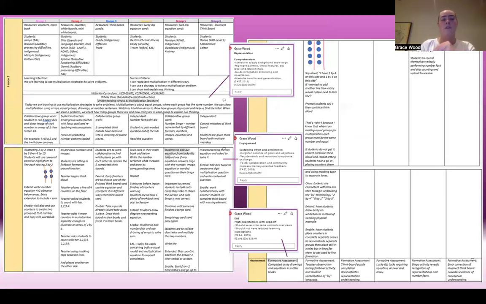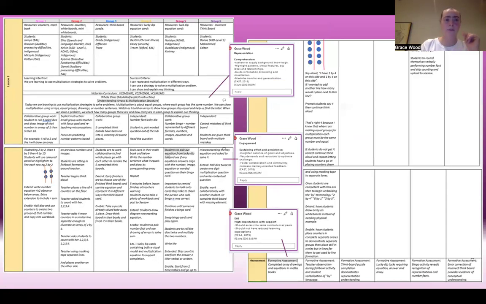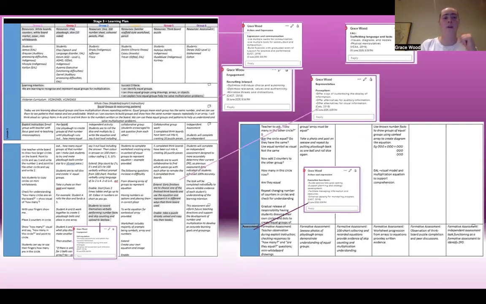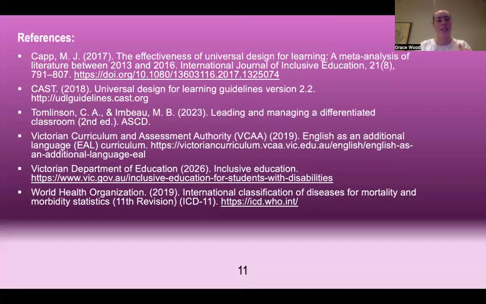So students with auditory processing can't have too much sound. So earmuffs have been provided for that. And in group two, it's independent work, small group work, and pair work. So it's not big collaborative groups, so they can focus on their own study.